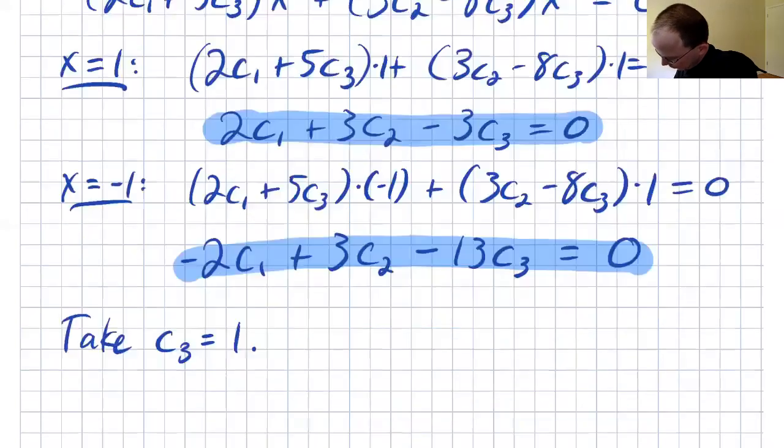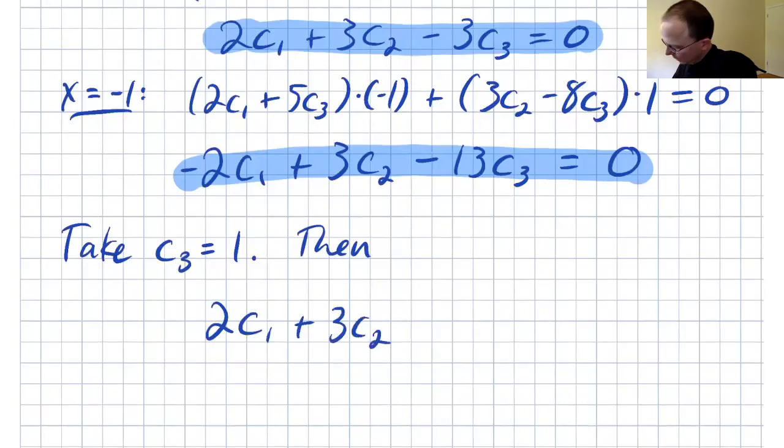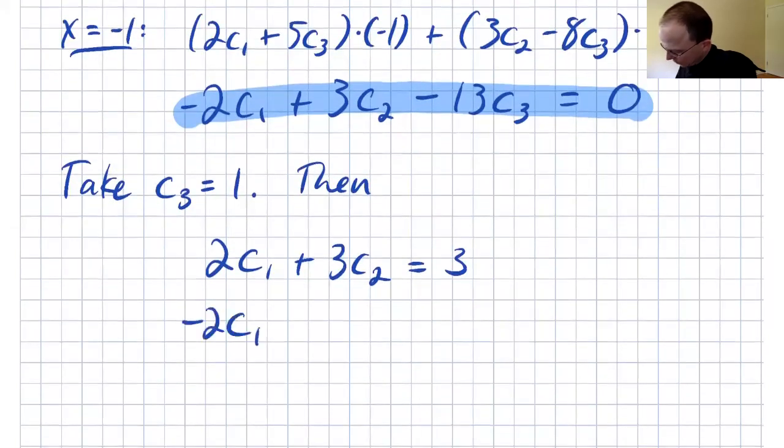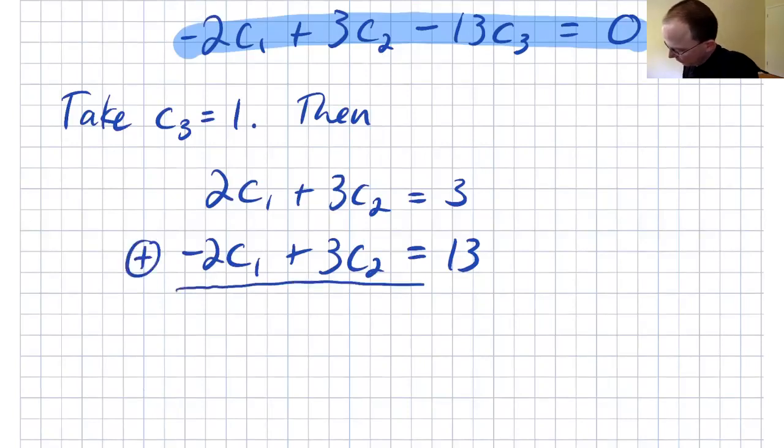And then what do we get? We get 2C1 plus 3C2 minus 3, so I'll move that to the other side, and that is equal to 3. And on the other equation, we get negative 2C1 plus 3C2 equal to 13. Now we have these two equations with two unknowns, and we can combine them to get rid of one of the variables.